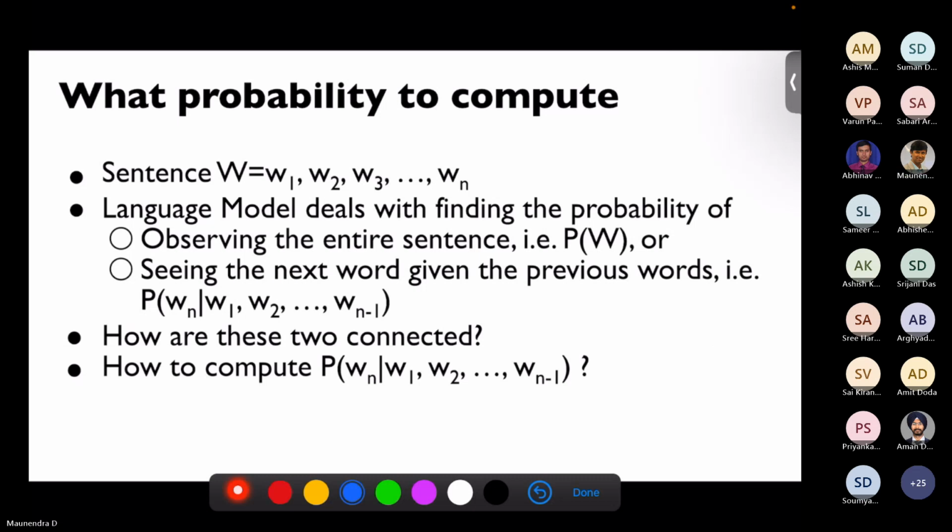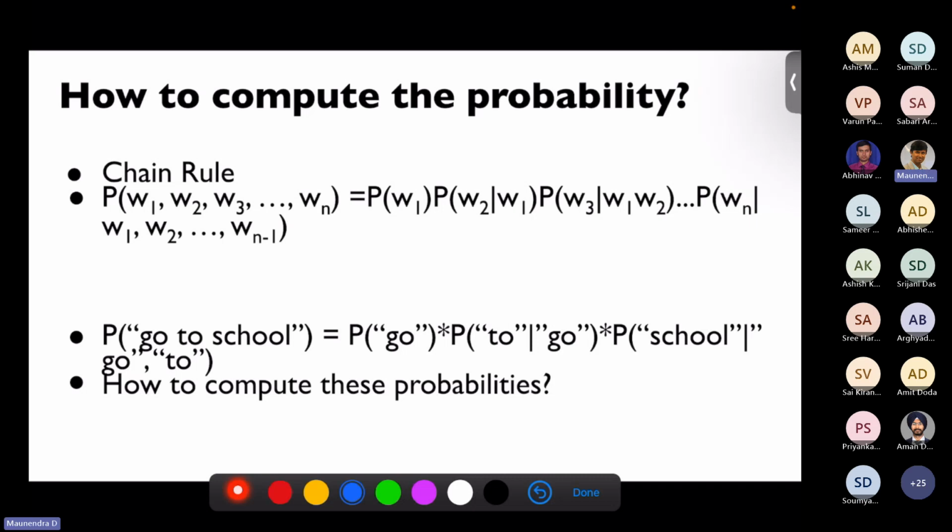Okay, so let the next slide come up. You mentioned chain rule, so let us see how we can use chain rule to write the expression of P(W1, W2, W3, till Wn).